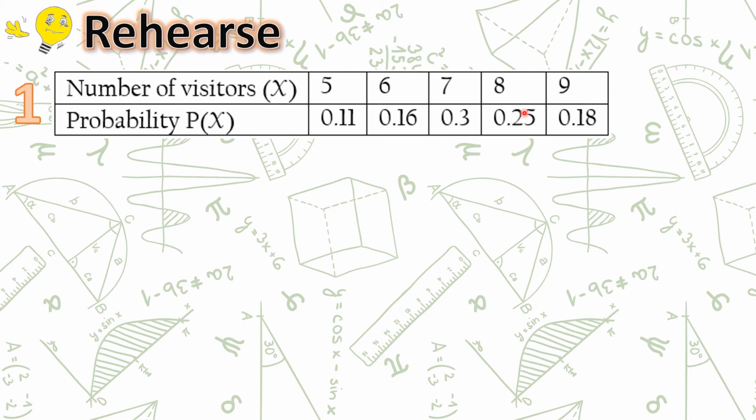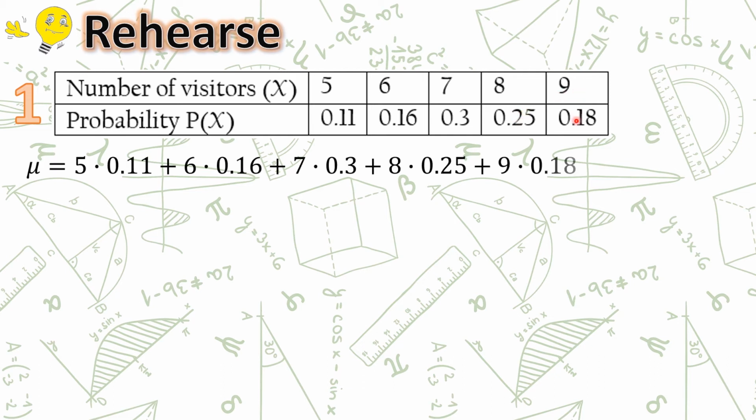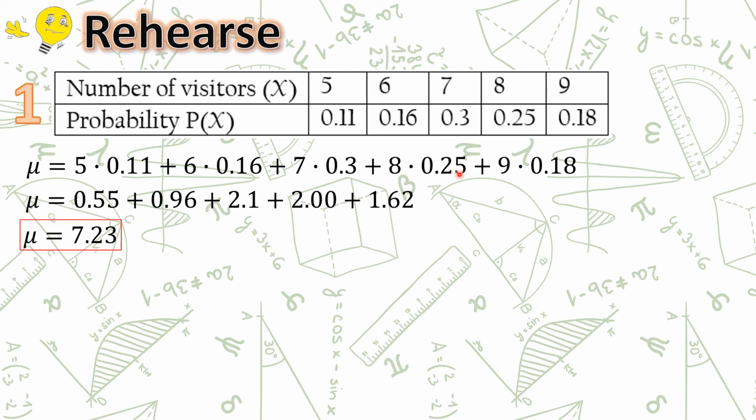If x equals 9, 0.18. So the mean is given by 5 times 0.11 plus 6 times 0.16 plus 7 times 0.3 plus 8 times 0.25 plus 9 times 0.18. Evaluating further, we will get the mean is equal to 7.23.